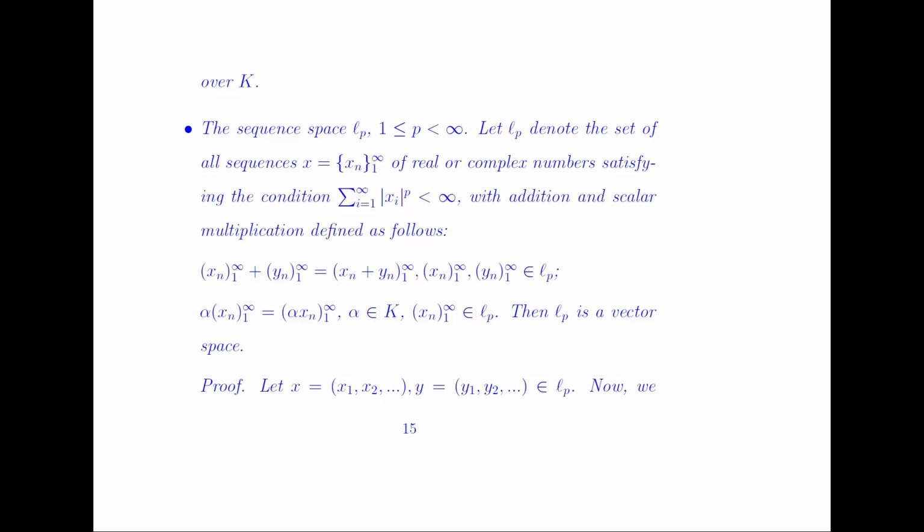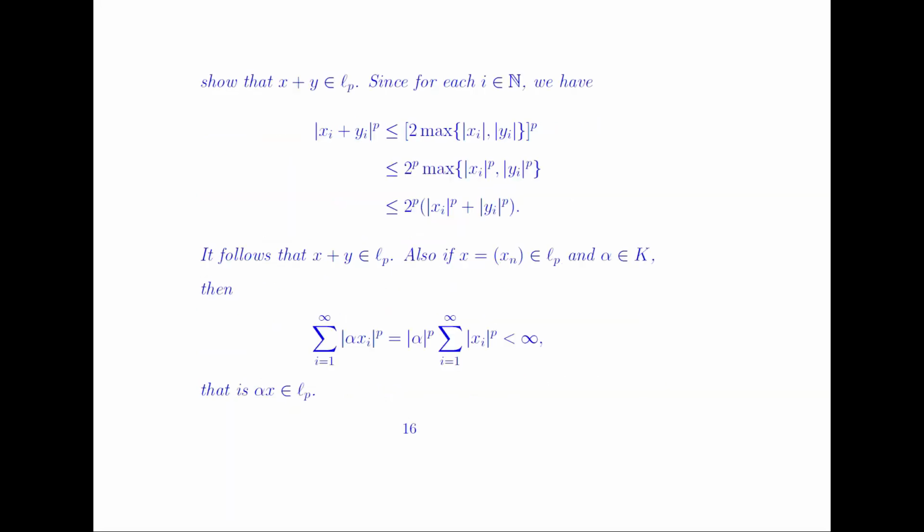So if we want to prove it, say here we have x and y belonging to lp. Now we have to show that x plus y belongs to lp. Here the modulus of xi plus yi power p is less than or equal to 2 to the power p times the maximum of modulus of xi power p, modulus of yi power p, by using the properties of modulus.